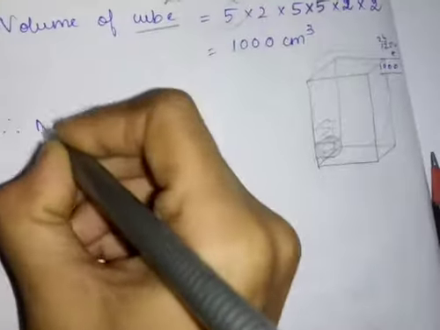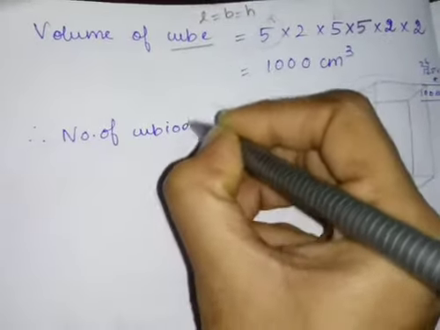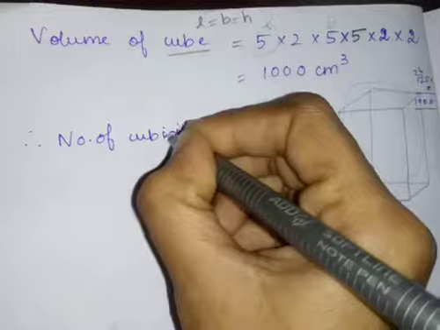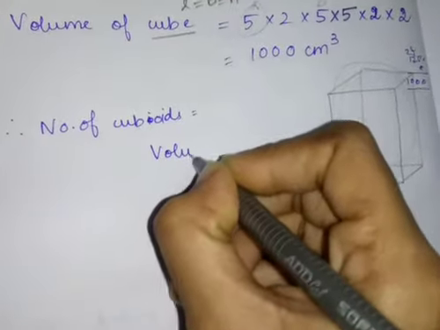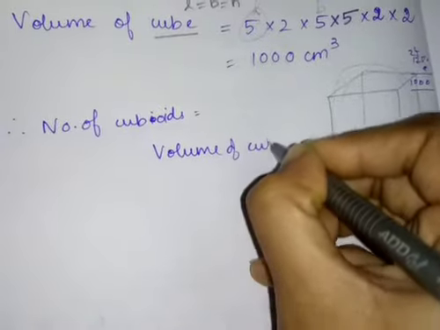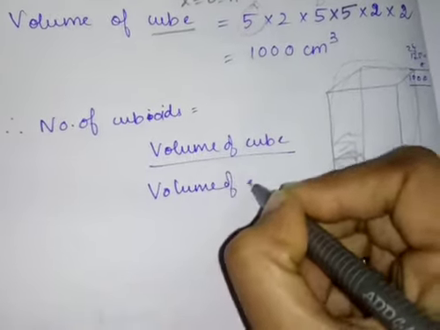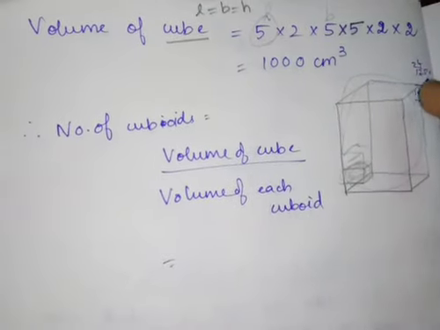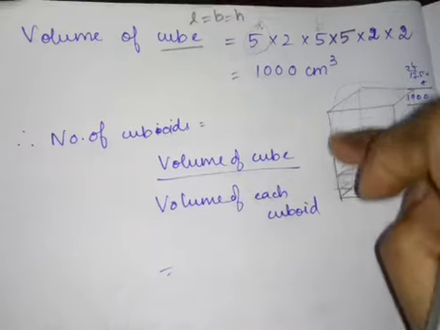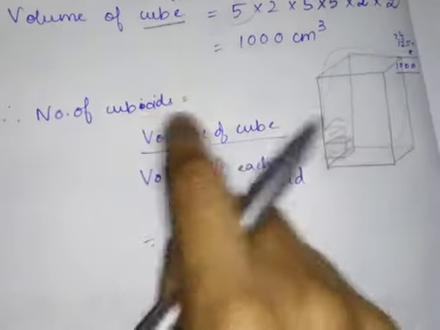So the number of cuboids is equal to volume of cube divided by volume of each cuboid. This big volume of cube divided by the small volume of cuboid, you will get the number of cuboids.